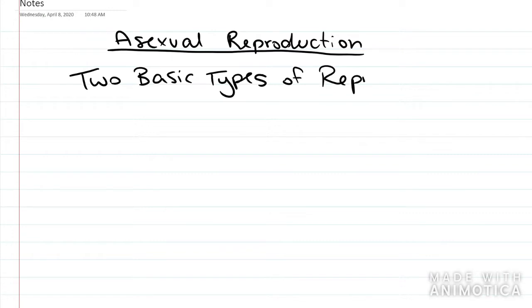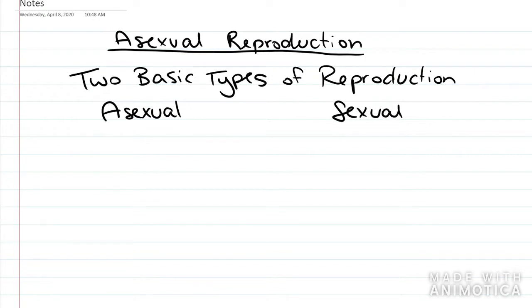And these two types are asexual reproduction and sexual reproduction. So in biology, this unit, we are going to be looking at both asexual and sexual reproduction. We're going to start out with asexual, and then later in a few weeks, we're going to be looking at sexual reproduction. So how do these differ?